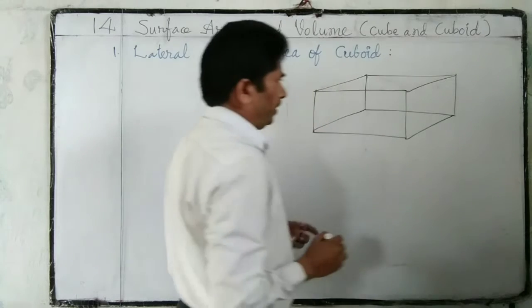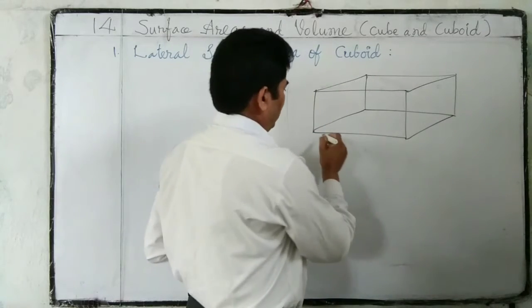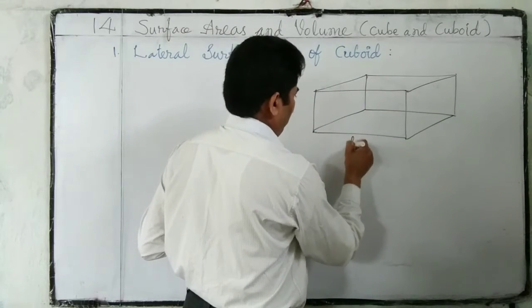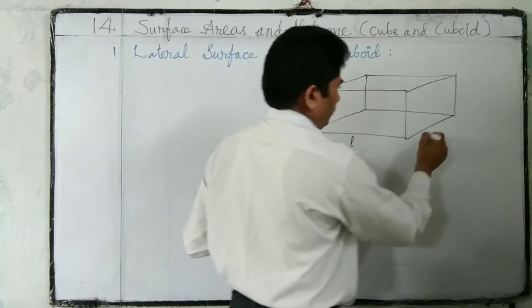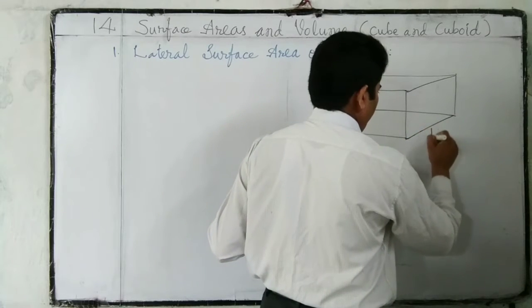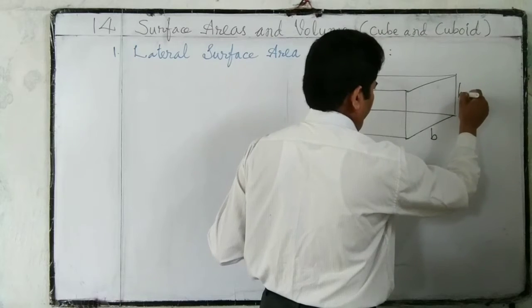This is a cuboid. This long side is called length, the short side is called breadth, this is height.